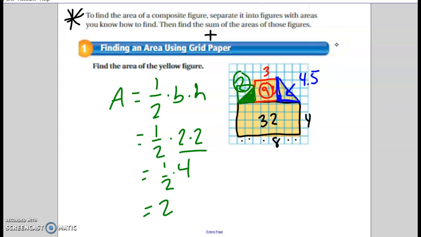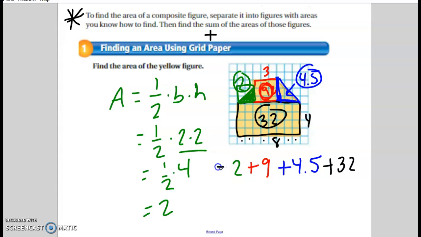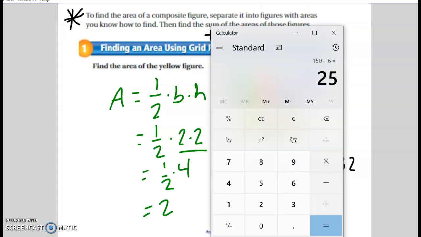And so I'm going to add the triangle that I found before, add that to this one, 9, add that to this one, which is 4.5, and add that to the area of the big guy, and that'll give us the total.